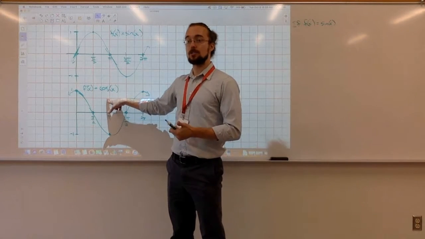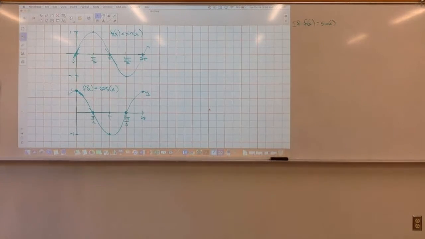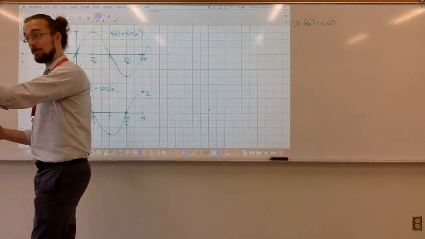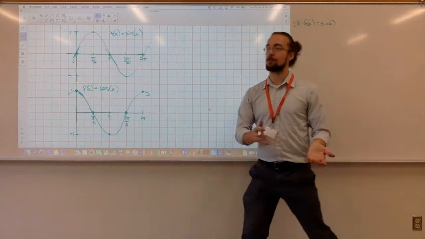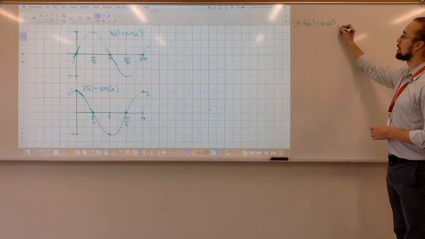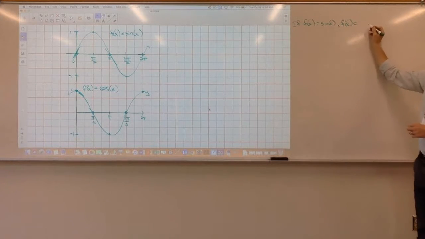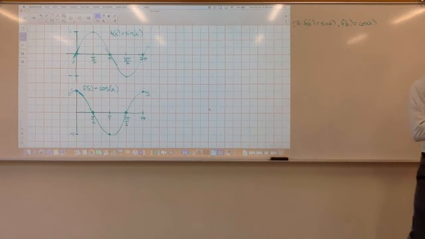So if I ask that question, you're just finding the cosine of pi over 3, which you should have memorized on the unit circle. So we are going to start making our list here of our derivatives. If f of x equals sine, f prime of x is just equal to cosine.